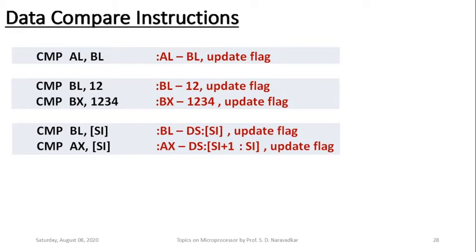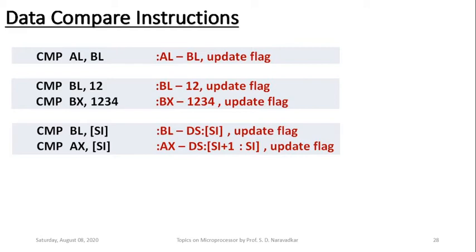The next instruction here is compare AX, inside square bracket SI. In this case, AX is one of the operand which is 16-bit. Obviously, my second operand which is to be compared is to be taken from memory locations. But there are now two memory locations here, SI and SI plus 1, both from the data segment.